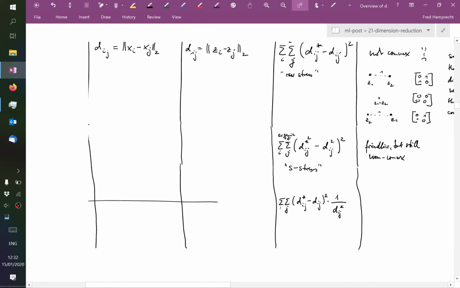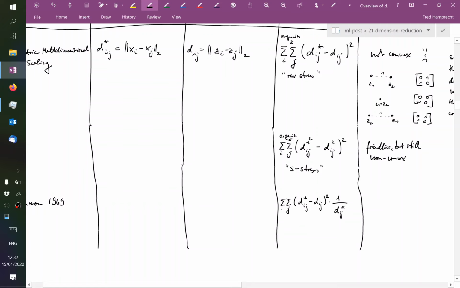By the way, when you read this literature, you need to be a little bit careful. When the authors talk about Euclidean distance matrices, you would think that this is the matrix of the D stars. But in fact, when somebody writes Euclidean distance matrix, they talk about the matrix which contains Dij star squared.